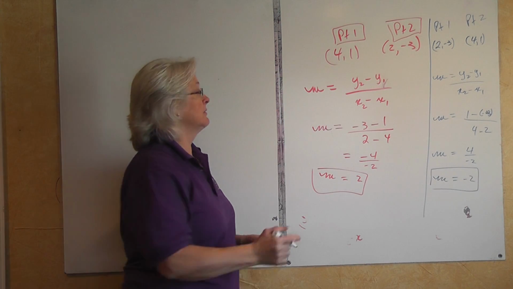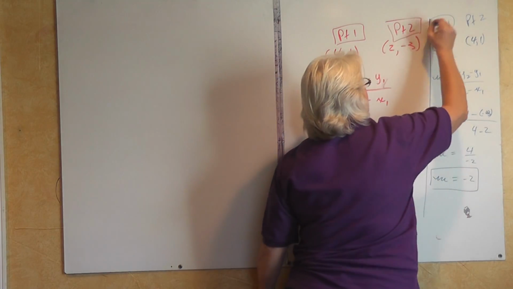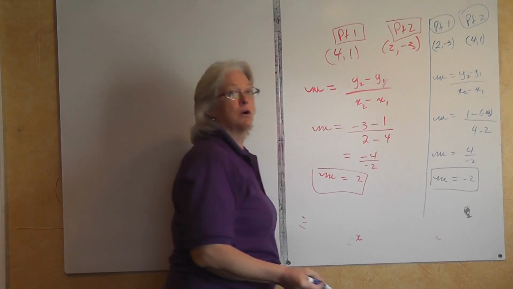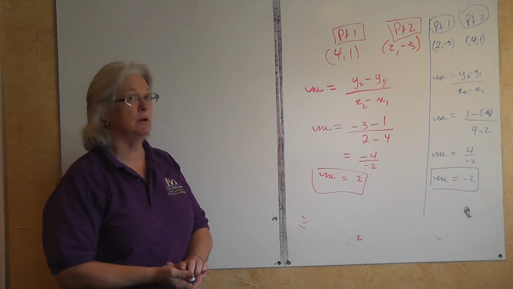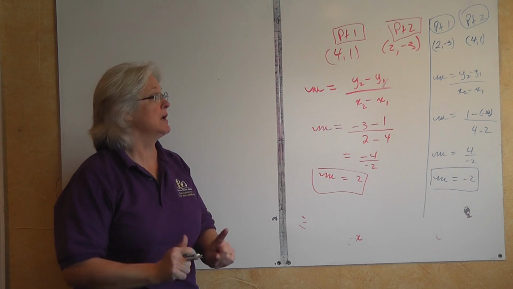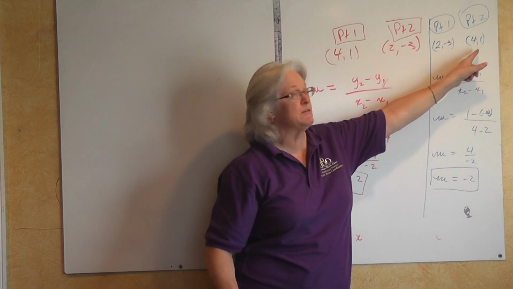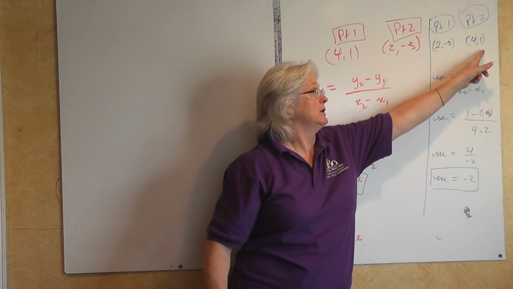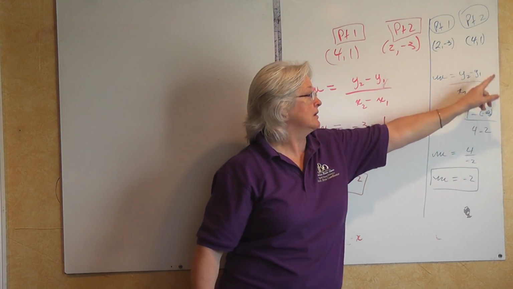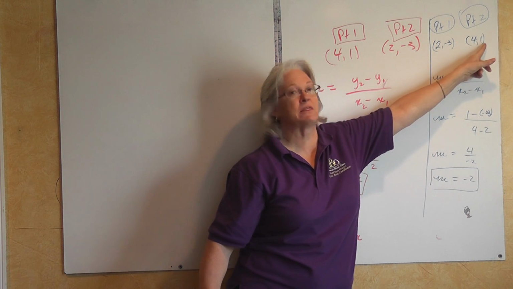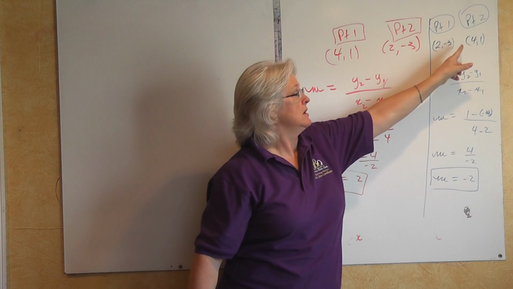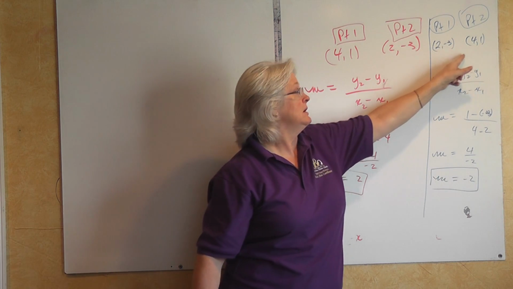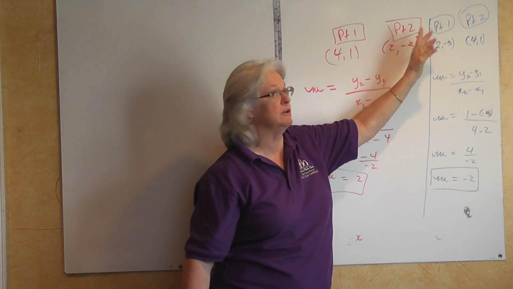It doesn't matter at all which point you call point 1 and which point you call point 2. What does matter, however, is once you've identified a point as point 2, you can't go back and forth. You can't say, okay, I'm going to take this y value and subtract that y value, this x value and subtract a different y value.